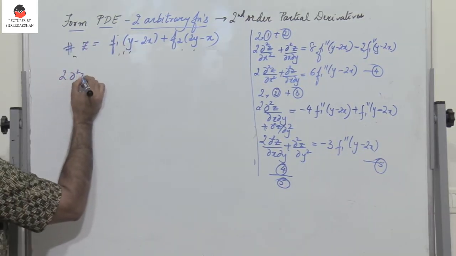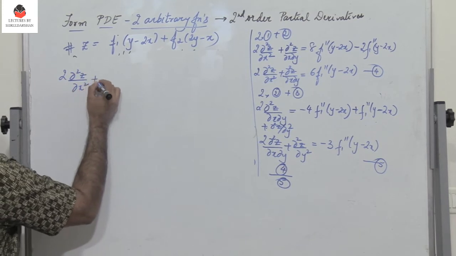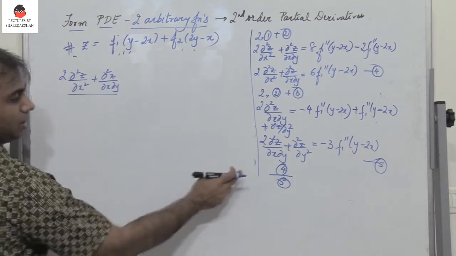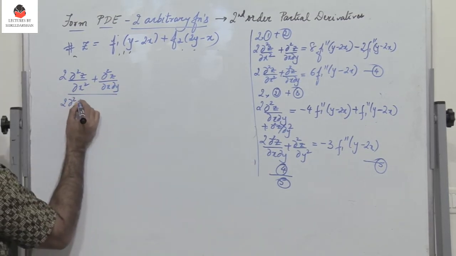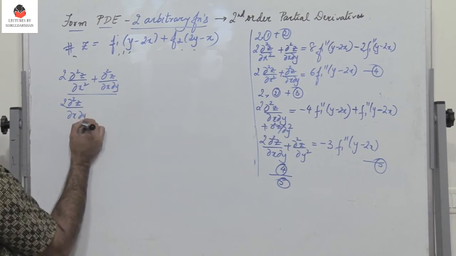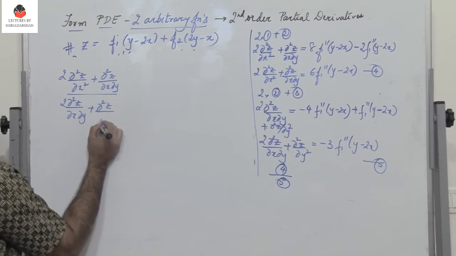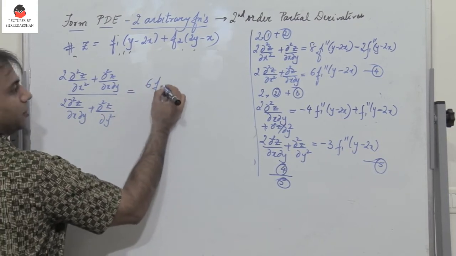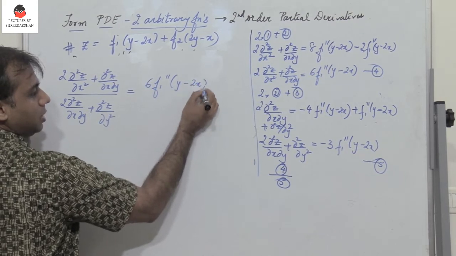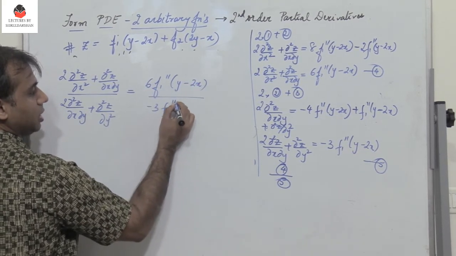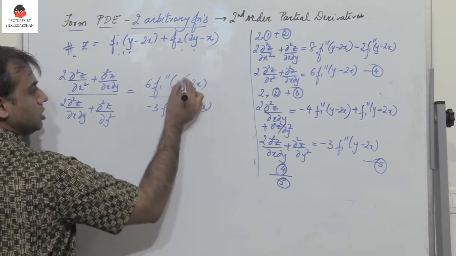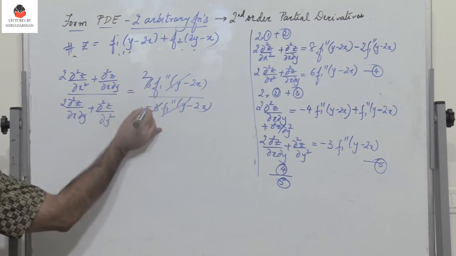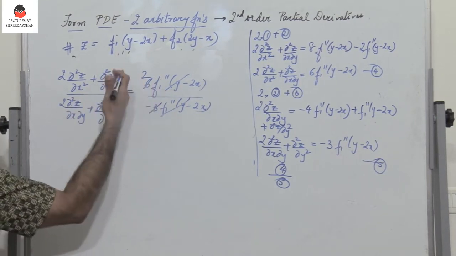So 2 ∂²z/∂x² plus ∂²z/∂x∂y divided by equation 5, which is 2 ∂²z/∂x∂y plus ∂²z/∂y², equals 6 f1'' (y minus 2x) divided by minus 3 f1'' (y minus 2x). So these two terms get cancelled. 6 by 3 is 2, so you get minus 2 here, with a minus sign. So this gets multiplied with minus 2.